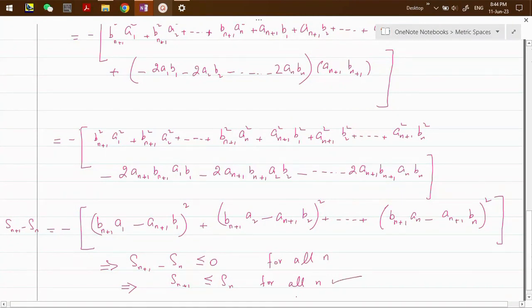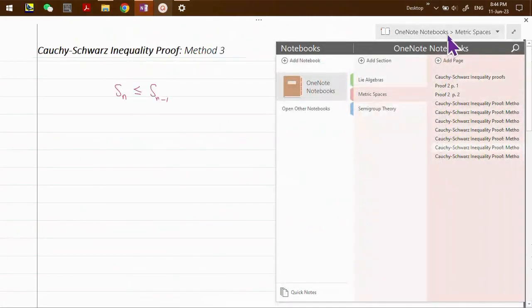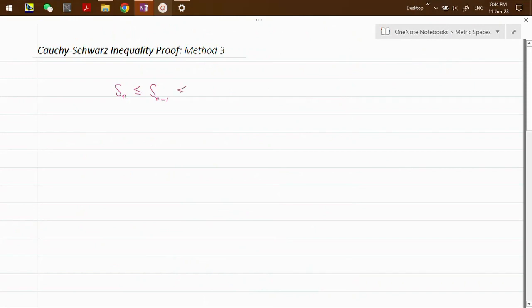So it means that Sn is less than or equal to Sn minus 1, and Sn minus 1 is less than or equal to Sn minus 2, and so on. This is less than or equal to S2, which is less than or equal to S1.